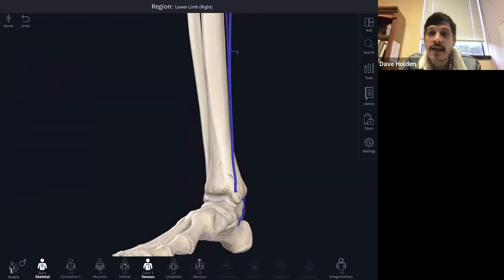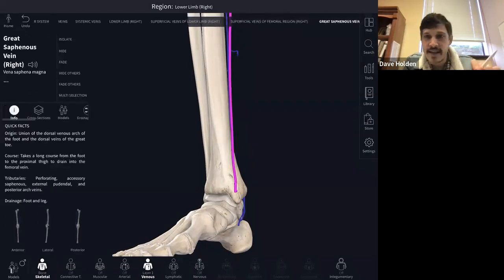This is the longest vein of the body, the great saphenous vein. You'll see the name up there in the top corner of the app. The great saphenous vein, the longest vein in the body, not the widest, right? Not the widest, the longest.